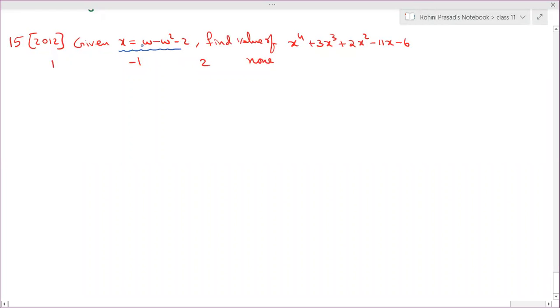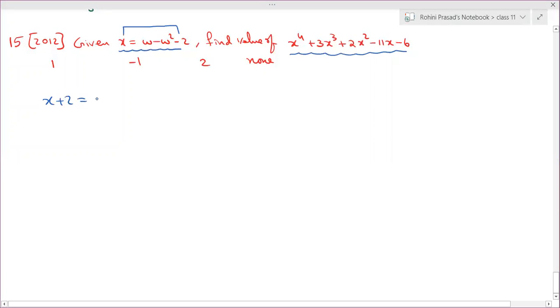x equal to omega minus omega square minus 2. They're asking us to find the value of this. Directly substituting the x value in this and calculating is lengthy. That's why we'll try to get this into one side and try to eliminate i from it. How to eliminate i from it? You can bring the minus 2 to this side.